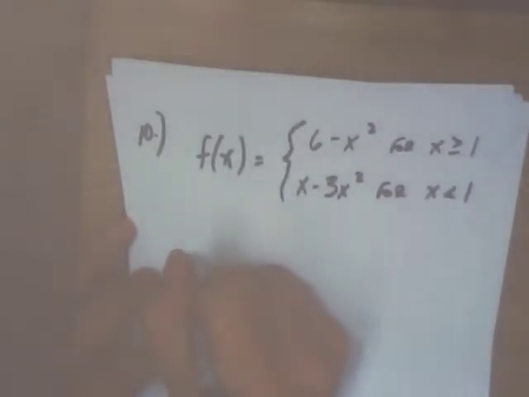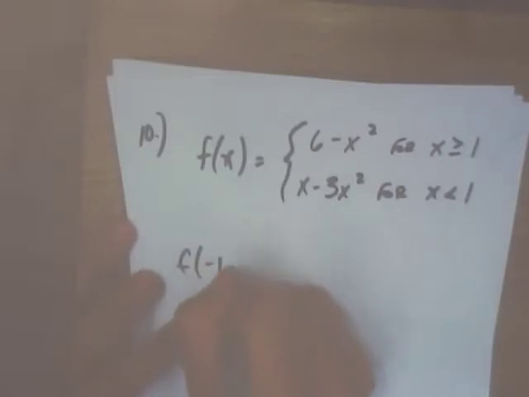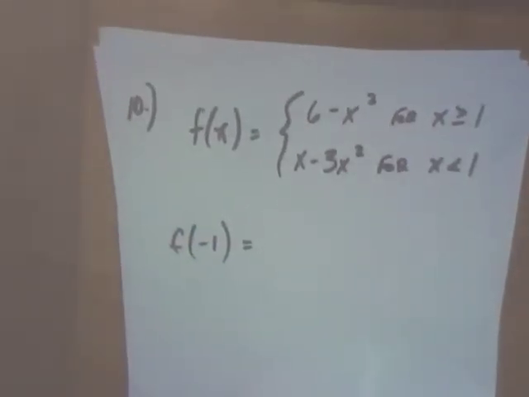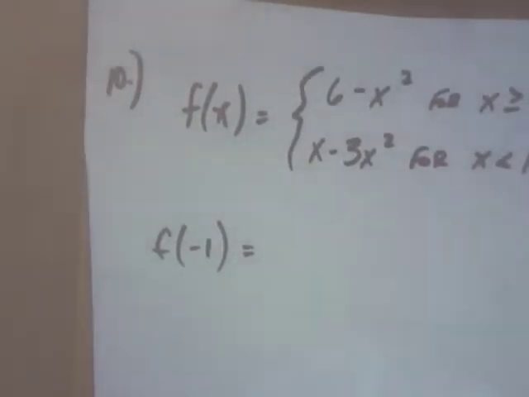And they want us to find f of -1. What do we do? Plug in -1 for x. Plug in -1 for the x, right? Which one? The second one.